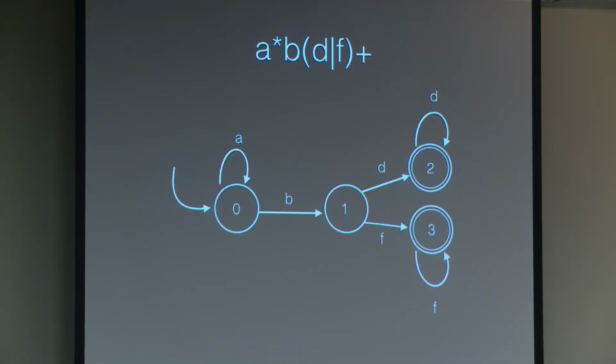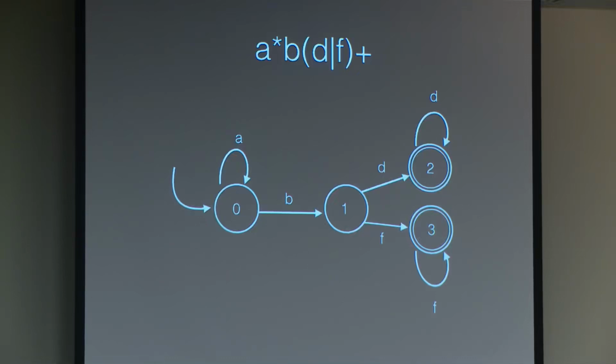These are non-accepting states, and the double circles are accepting states. If you're reading an input and you don't get to an accepting state, that input is not a valid sentence in that language. So maybe you haven't finished all the way, but you get to the end of the input, it's not valid.